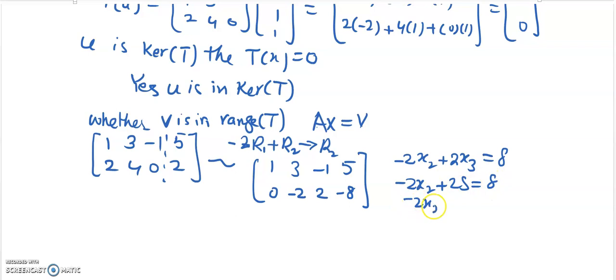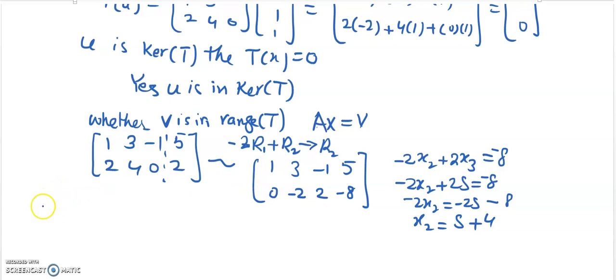So minus 2x2 is equal to minus 2s minus 8, and x2 will be equal to s plus 4.